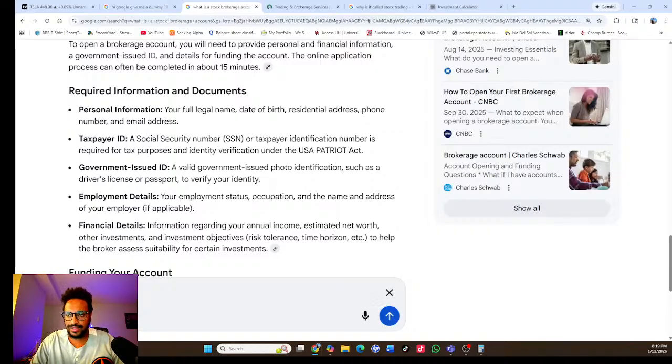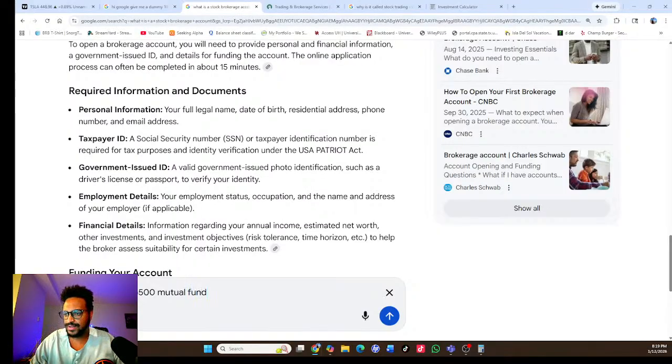If I invest in an S&P 500 mutual fund, what is it?